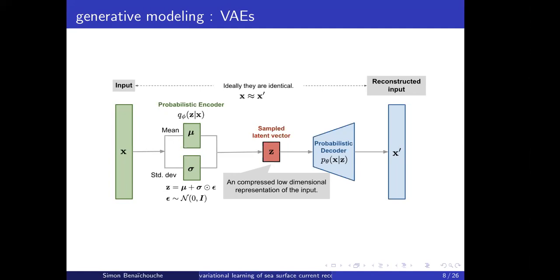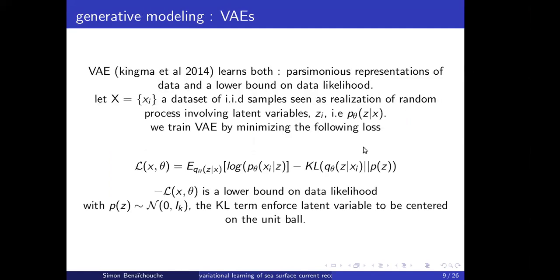Typically we would like it to be Gaussian, for example. That's why we add a Kullback-Leibler term that measures the divergence between the encoded data and, for example, a normal distribution.